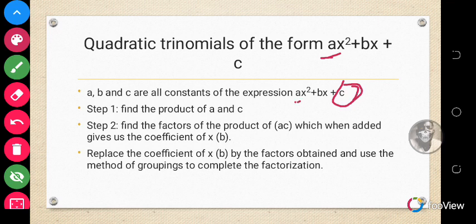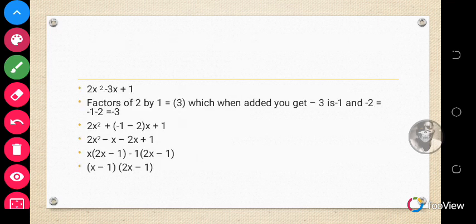So what you do is, you multiply a and c, and then you find the factors of a and c that when you add, you are going to get b. Okay, so you find the factors of a and c that when you add, you are going to get b, and then when you find those two factors, you replace them with b, and then you use your method of grouping to find them. So let's look at an example.